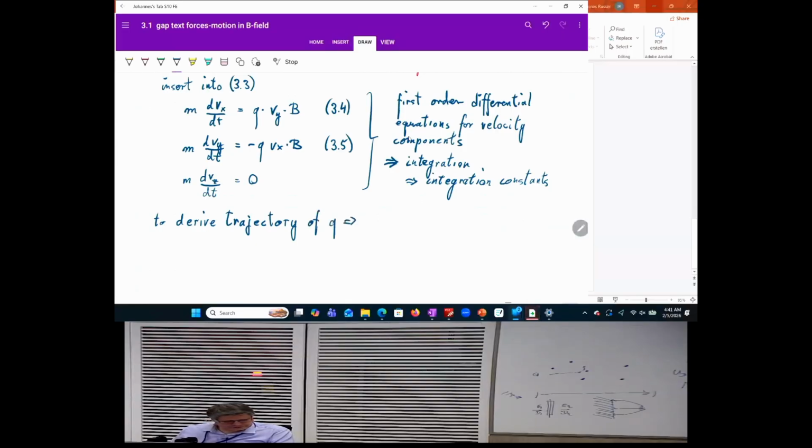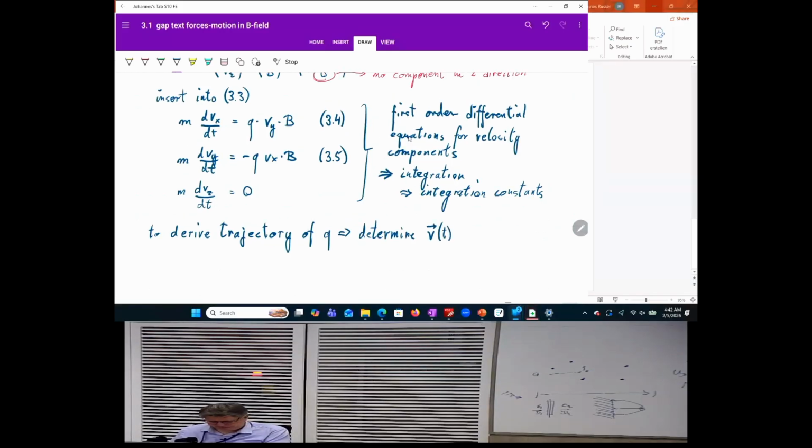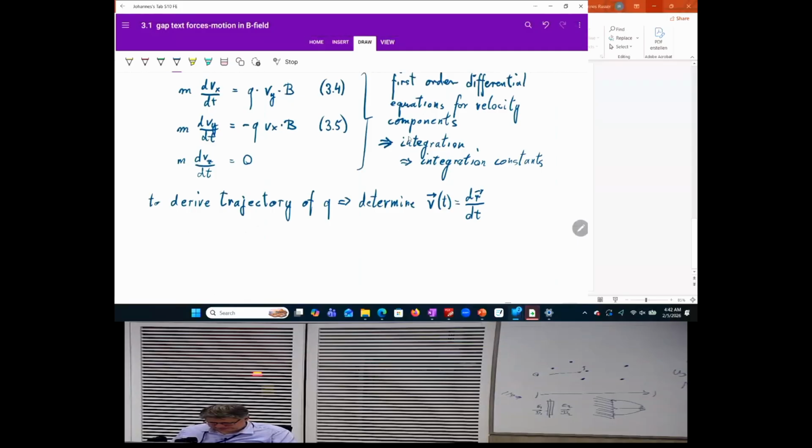So we want to determine the velocity as a function of t, and that velocity is basically the derivative of the position vector with respect to time. Then we have to integrate. We first determine that, then we integrate, and from this integration we obtain our r of t.